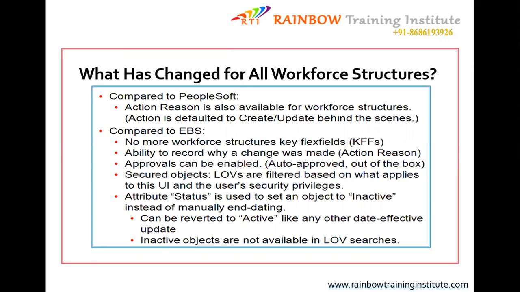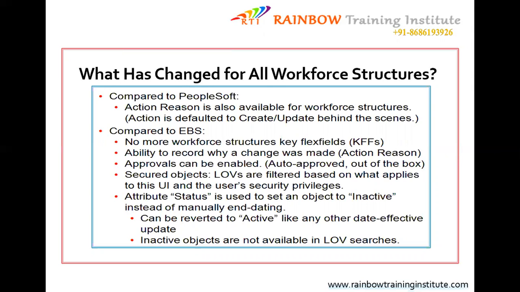Compared to EBS, in EBS we used to have a total of 8 key flex fields. Out of those 8, 6 key flex fields we used for creating a business group. Now those key flex fields have been discontinued here. No more workforce related key flex fields in the Fusion application.